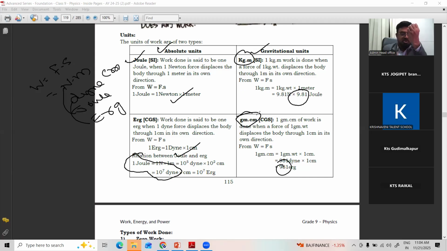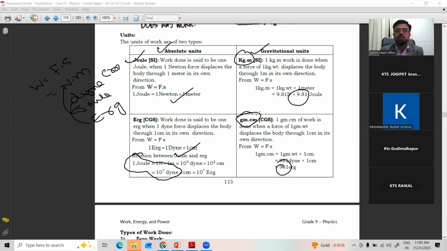The gravitational force tries to pull your bag in the downward direction. Overcoming the gravitational force, you have to apply force to keep the bag on your table. Generally you won't care like that, you just take the bag and keep it. But there also work is done against the gravitational force.